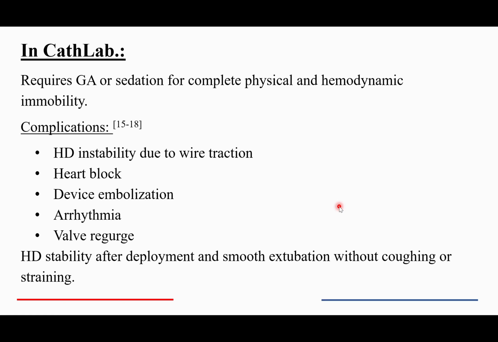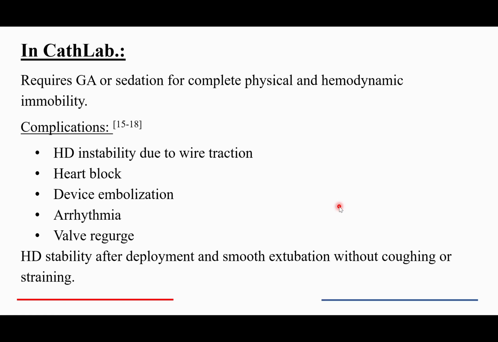Hemodynamic instability may occur due to wire traction on the ventricles. Wires pass through the ventricles, the left and the right, so any traction on the ventricles may distort the anatomy of the heart, or the orientation of the heart and its veins that enter the heart. So this may cause hemodynamic instability during the operation.